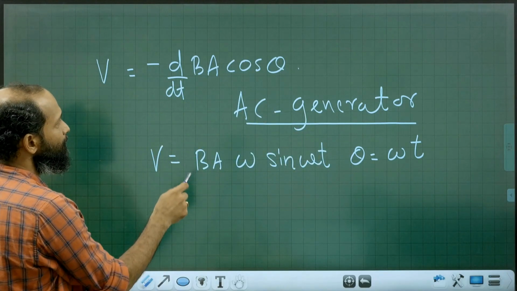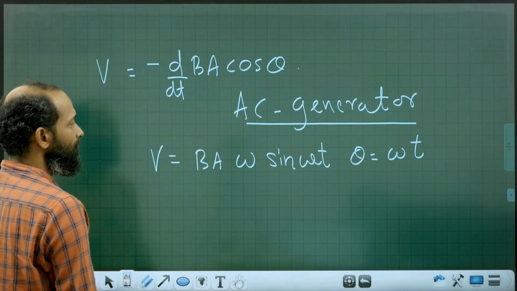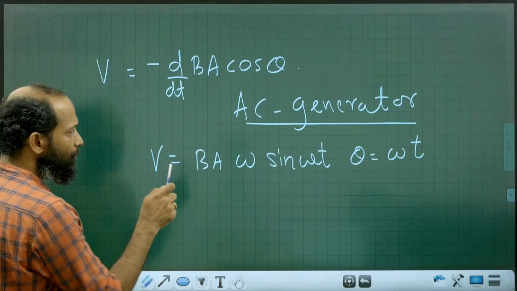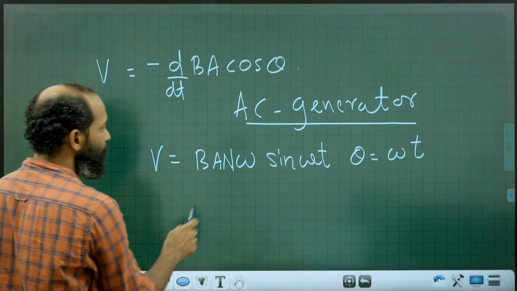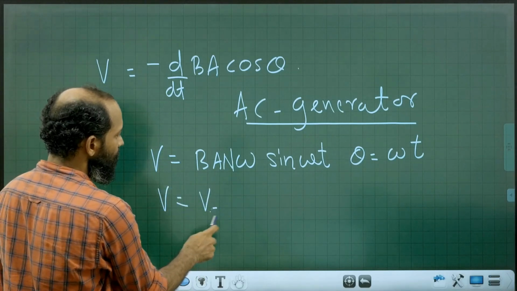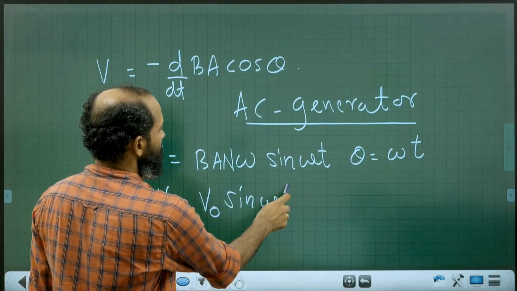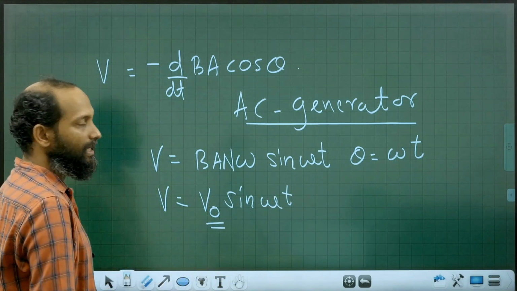Minus of minus becomes plus, since the derivative of cos gives a minus. For n turns of the armature coil, it is B A n omega sine omega t. So V equals V0 sine omega t, where V0 is the voltage amplitude.